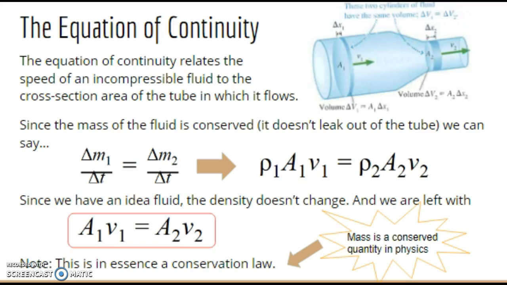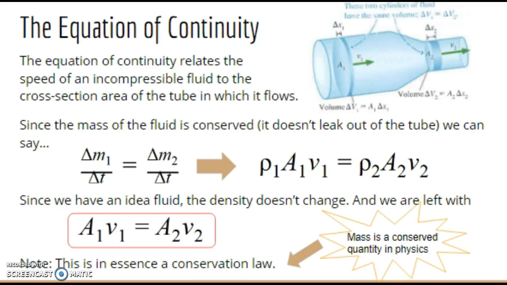So we're left with this bottom equation here: the cross-sectional area in region 1 of the tube times the speed of the fluid in region 1 is going to be equal to the cross-sectional area in region 2 times the speed of the fluid in region 2. This is how the continuity equation is presented on your formula sheet. Please note that this is, in essence, a conservation law. It comes from conservation of mass.